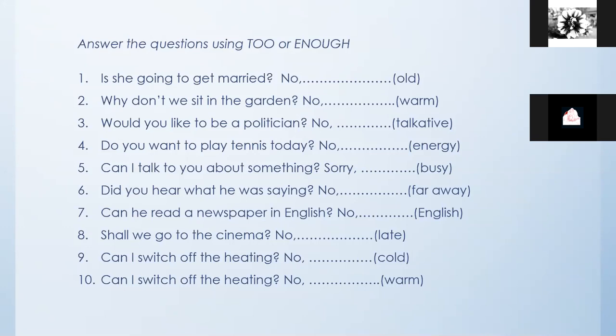If it is warm it is still okay, but if it's hot maybe not. We are talking about winter, so no, it is not warm enough to sit in the garden because maybe it is winter.